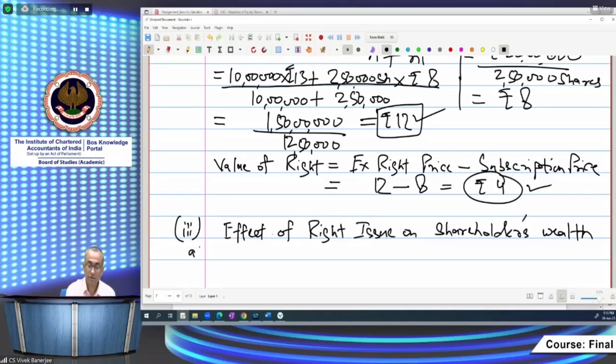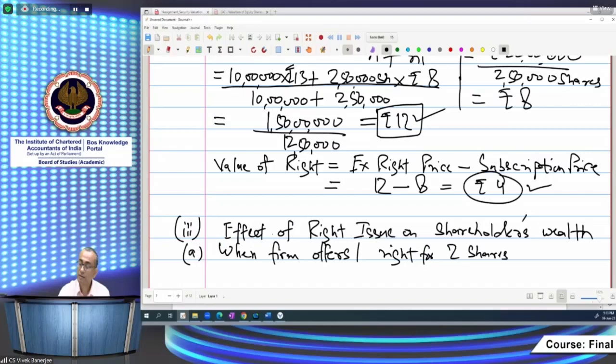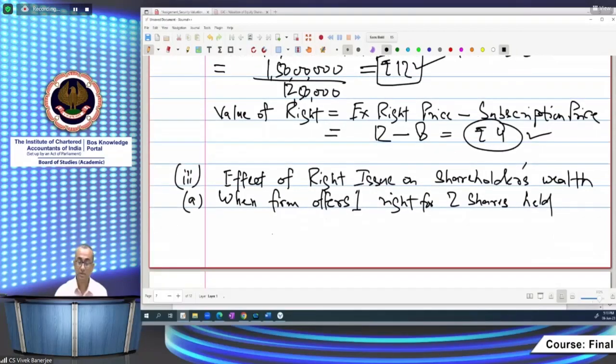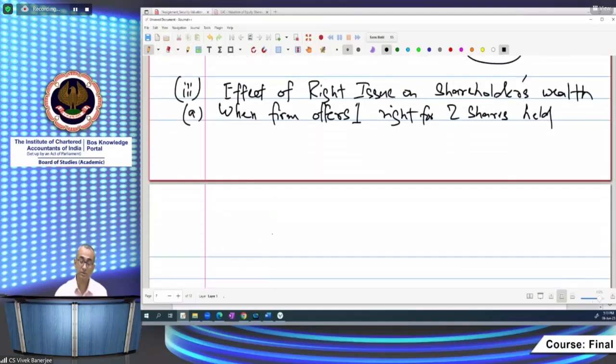First situation, when the firm offers one right share for 2 shares held. Let us take the first situation when the firm offers one right share for 2 shares held. So what will be its effect on the wealth of the shareholders? उसकी wealth क्या होगी इस particular situation में?